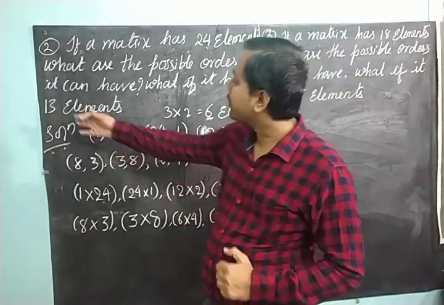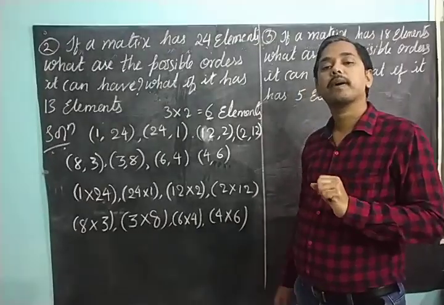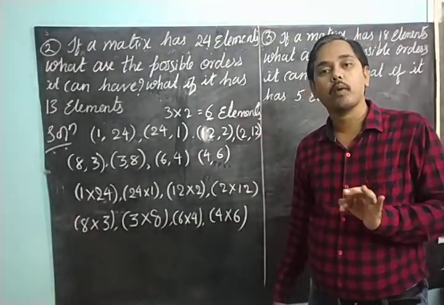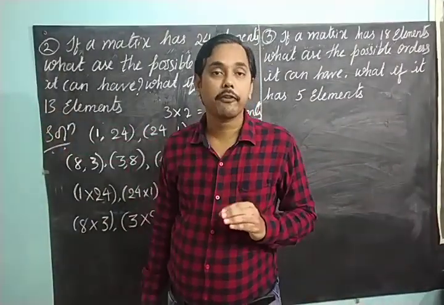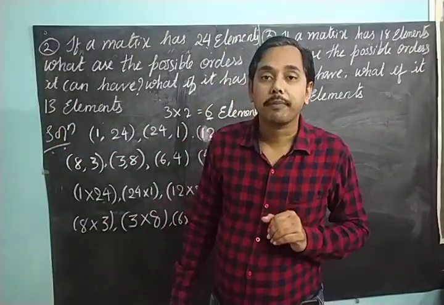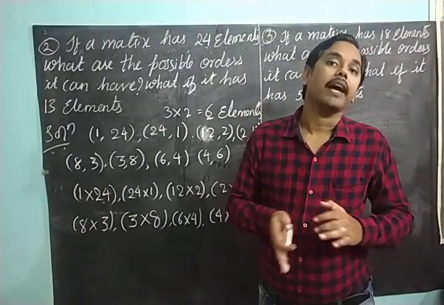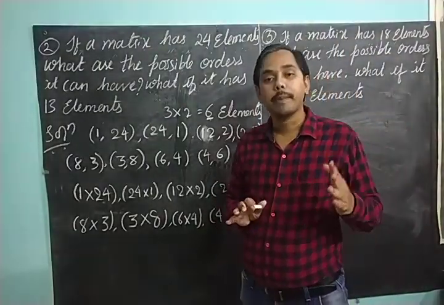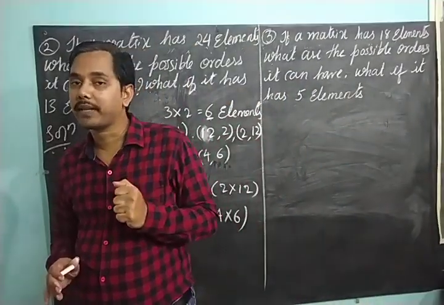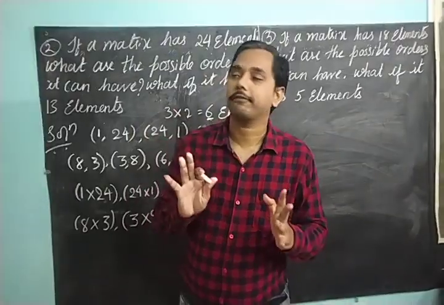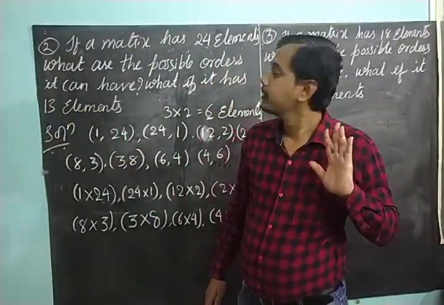Now 13 is a prime number. Any prime number is divisible only by 1 and itself. So there are only two factors of a prime number, that is 1 and the number itself. So what are the factors of 13? 1 and 13 itself, right?